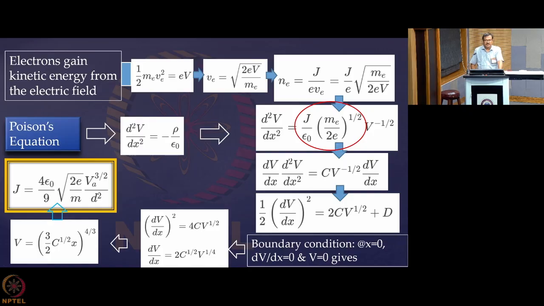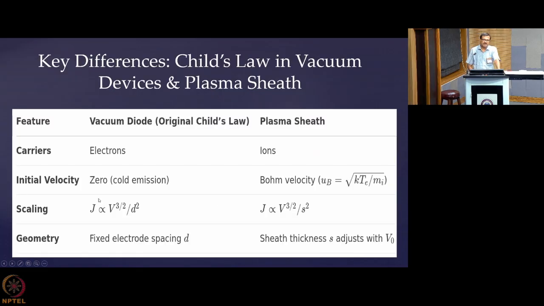Now in case of your plasma sheath, this kind of situation also arises. You will get a similar current-voltage relationship over there, and this d is not the cathode-anode distance there. This is your space charge width in case of your ion sheath.